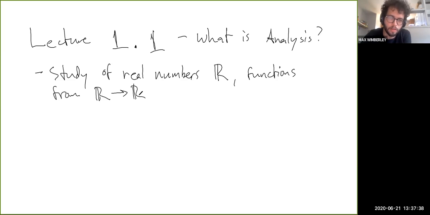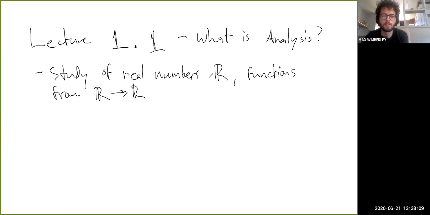R, what we call blackboard bold R, represents the set of all real numbers. Another word for it would be the real number line. You probably all have a basic idea what that means. I'm going to warn you right off the bat that the real numbers themselves are much stranger and much more complicated than you might realize. But we'll get into that more later.